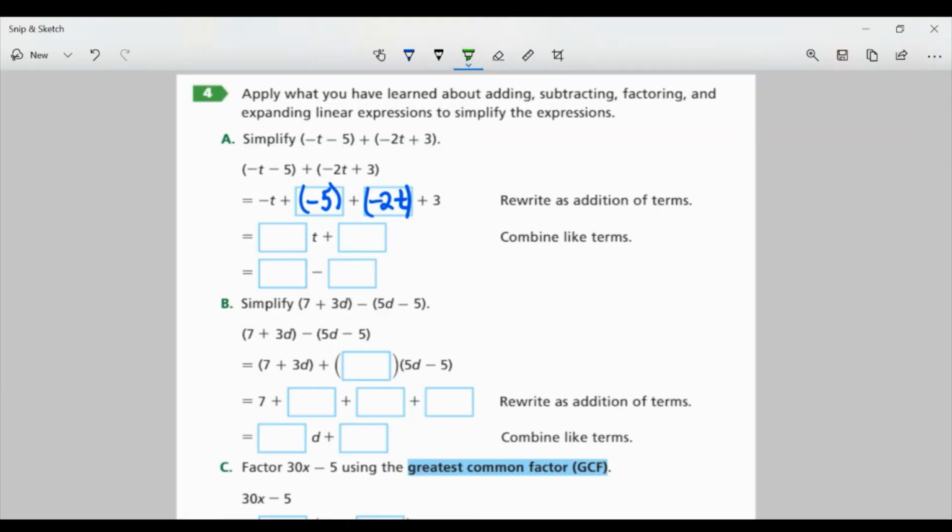The like terms would be my variables, right? I had a variable of t, and there's a negative t and a negative 2t. So I can combine both of those to get negative 3t, right? Negative 1 plus negative 2, we combine them, we get more negative. So negative 3t.